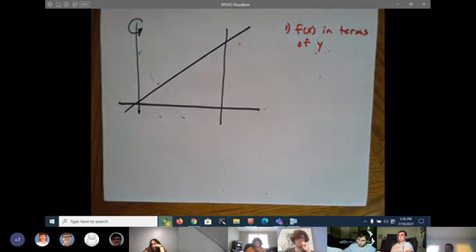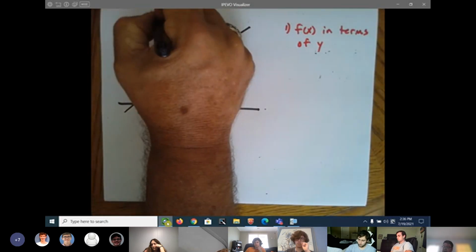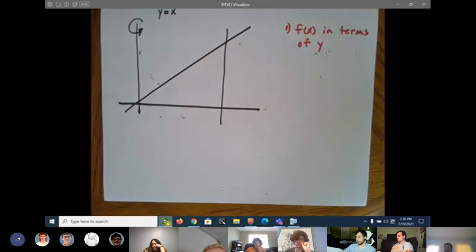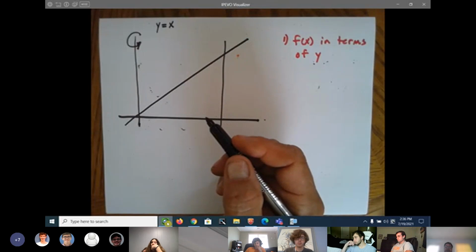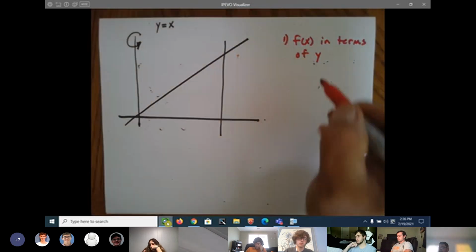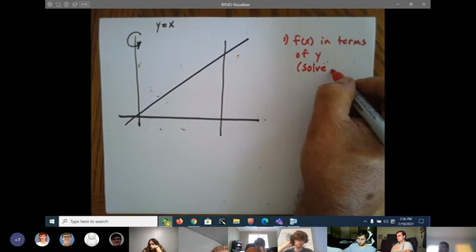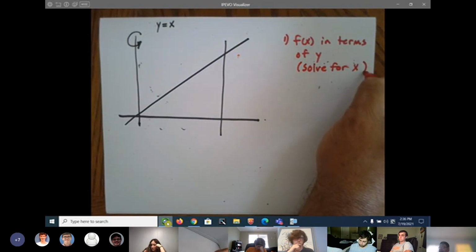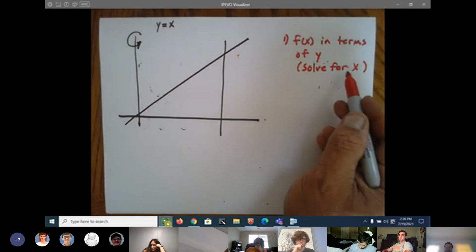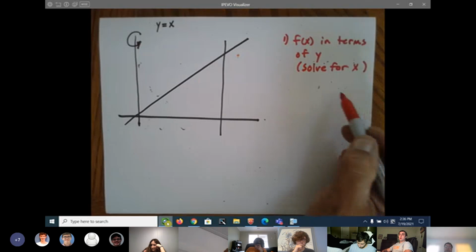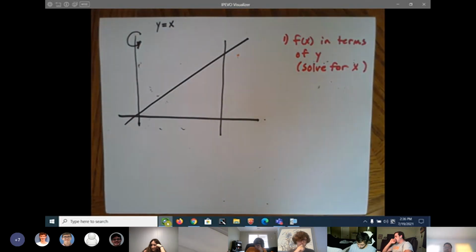In this case, we're okay because what does y equal? X. So x is equal to y. So you really don't have to do anything there. But if you did, you would have to solve for x, if it was like y is equal to 2x, or y is equal to 4x, or y is equal to x to the 5th power. You would have to solve for x since it's revolving around the y-axis. But we don't have to do that here because x is equal to y.